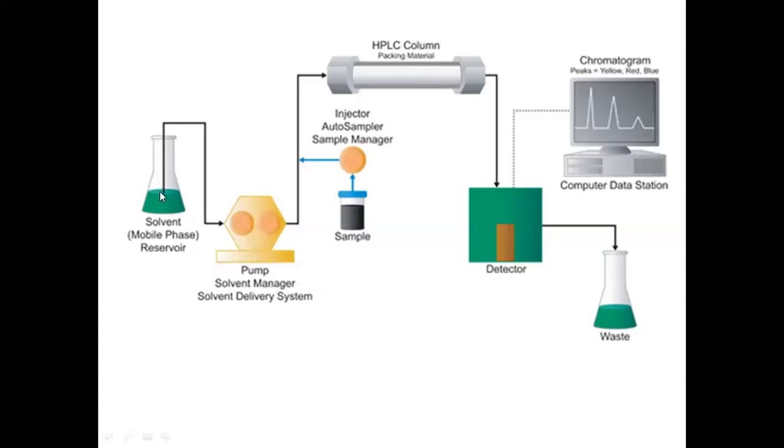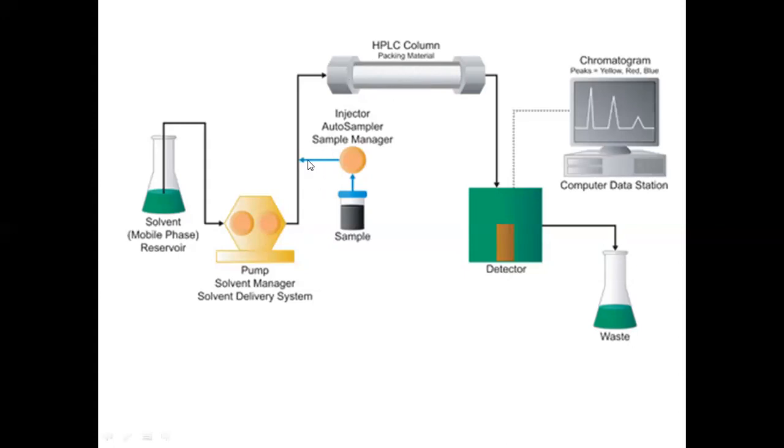The mobile phase will be drawn from the solvent reservoir and made to move towards the chromatographic column. So this is the chromatographic column which is placed, which is the separation master. And the sample, which contains several solutes that we have to separate, can be injected through the injection port, which is present before the analytical column, before the HPLC column.